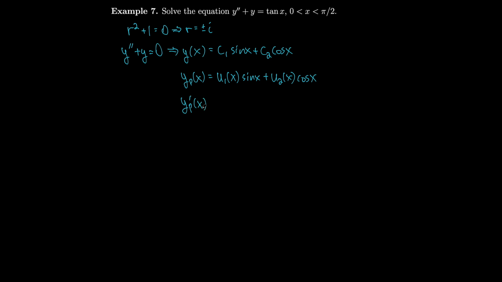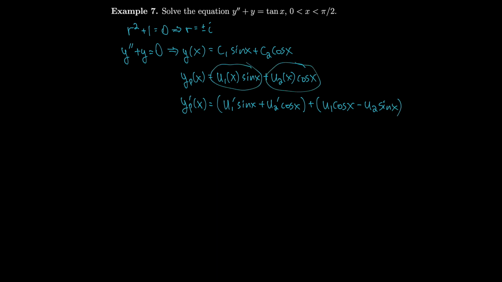So when we take our derivative, we get u1 prime times sine of x plus u2 prime times cosine x plus u1 cosine x minus u2 sine of x. So what we've done here is we've used the product rule twice, and then we group together the terms that have our derivatives in them.